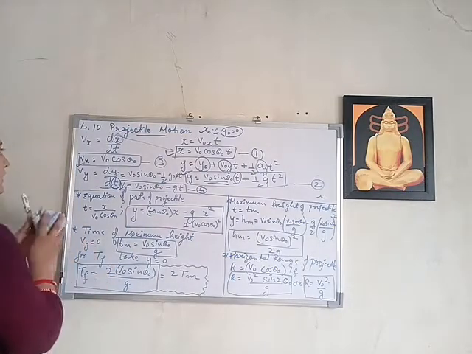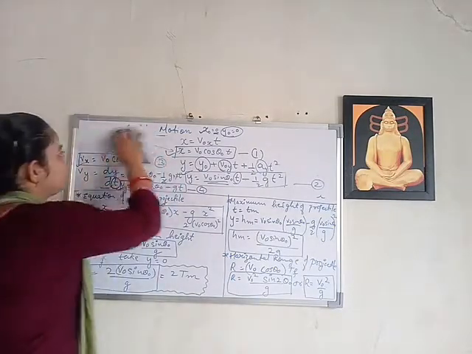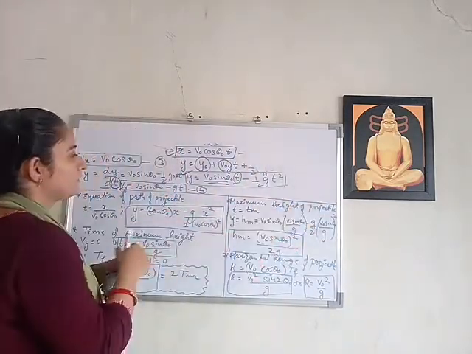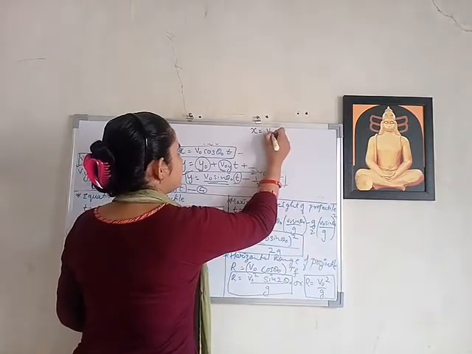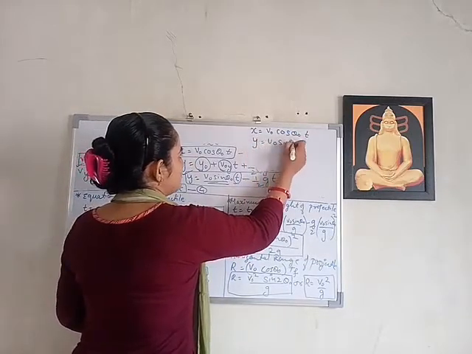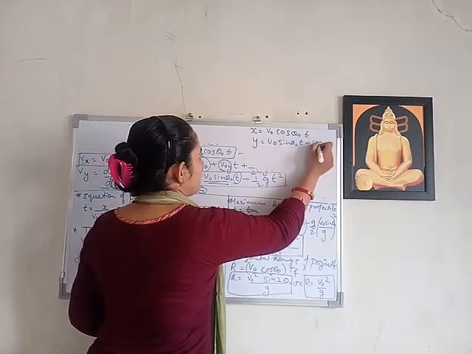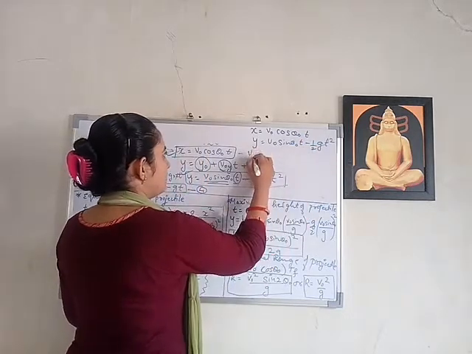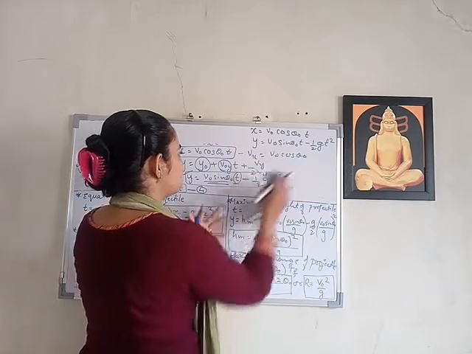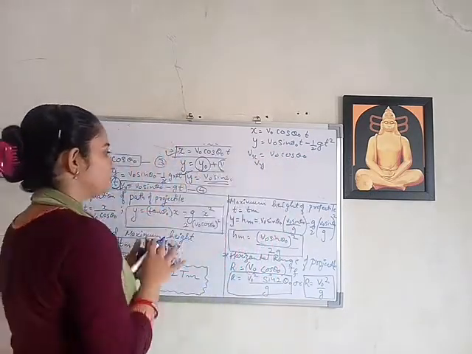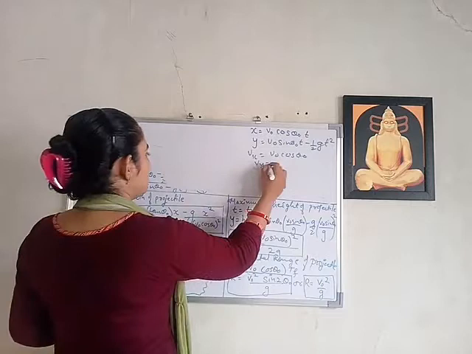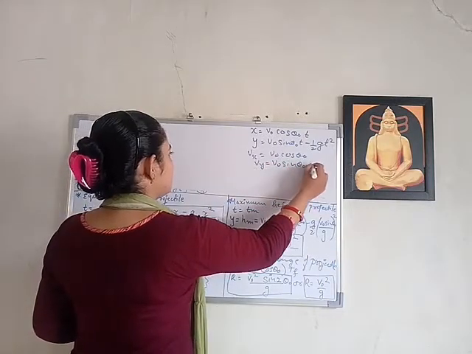Okay, let me elaborate it. You have x equal to v0 cos theta 0 t, y equal to v0 sin theta 0 t minus half g t square, vx equal to v0 cos theta 0, vy equal to v0 sin theta 0 minus gt.